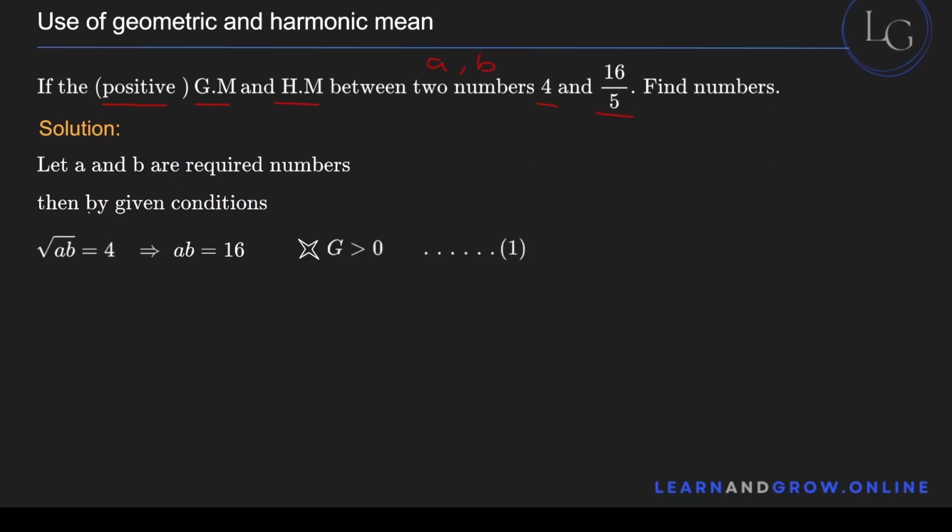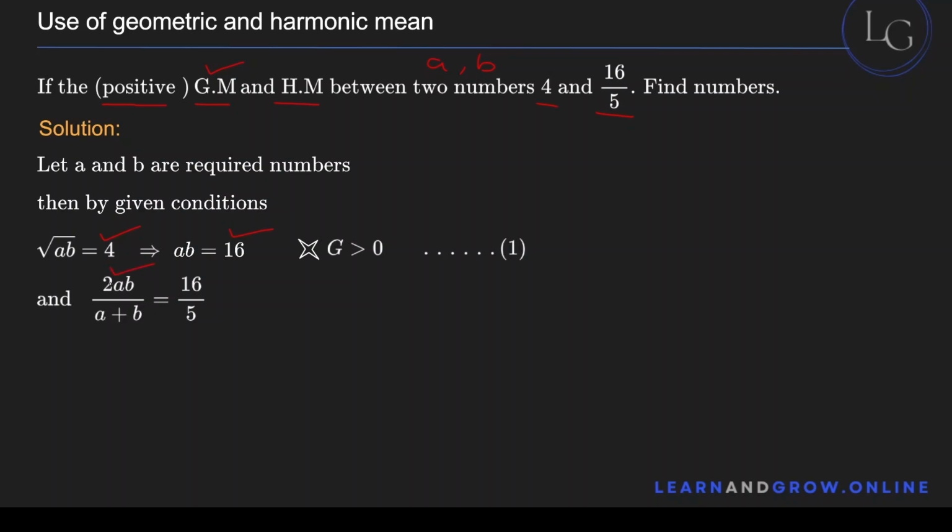As you know, the under root of the two terms is the formula for finding the geometric mean. So the under root of ab is 4. And if you take the square on both sides, ab becomes 16. So we now know that the formula to calculate the harmonic mean is 2ab over a plus b.